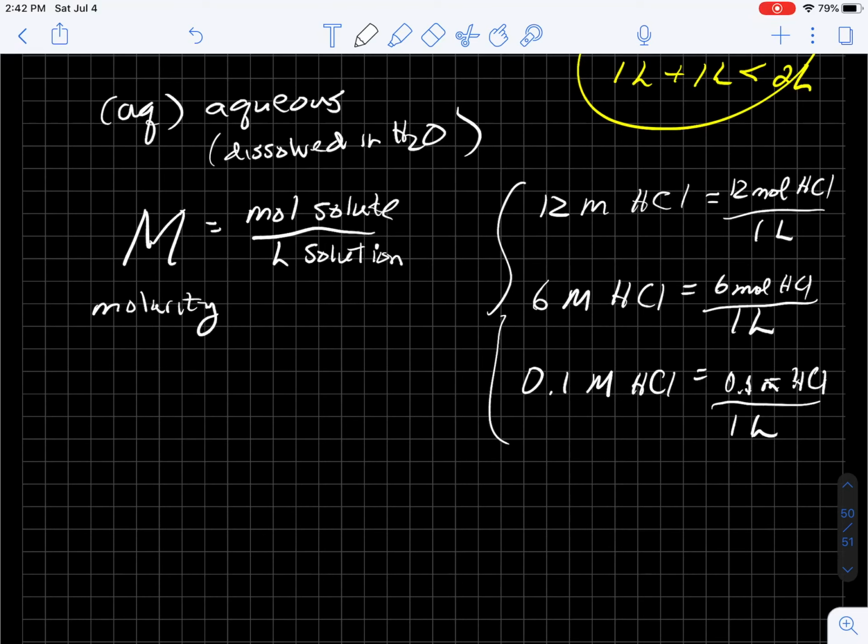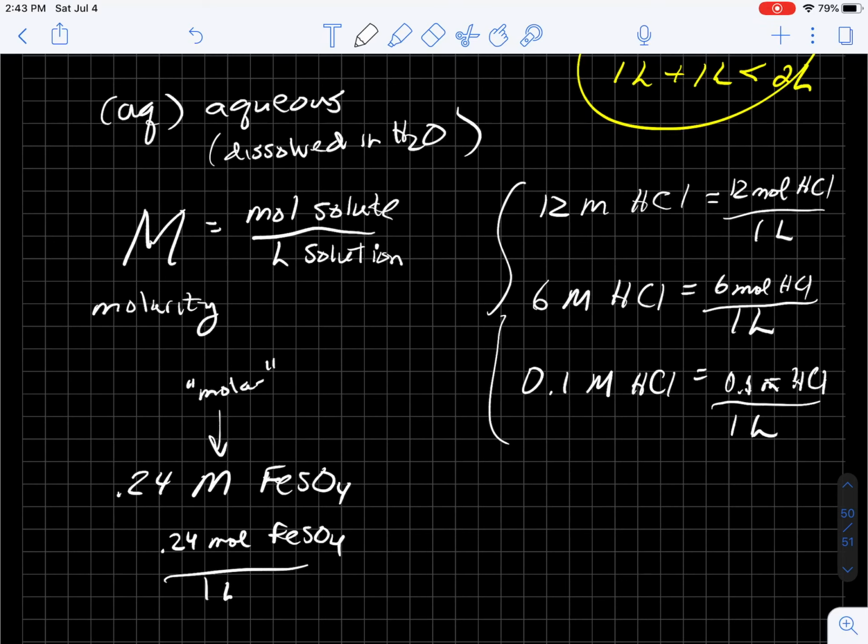All right, so certainly safety in the lab. We need to know the concentration of the material. So here's the format. If we say that something is 0.24 molar, let's say we have iron sulfate, this is read as molar, and that means we have 0.24 moles of iron sulfate dissolved in enough water to make a 1 liter solution.